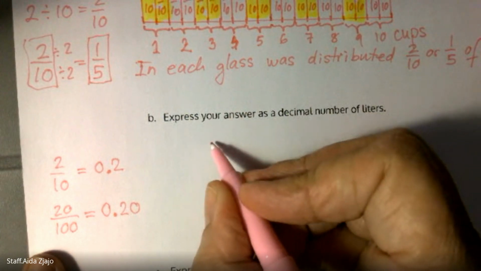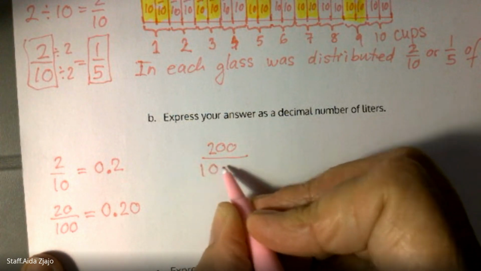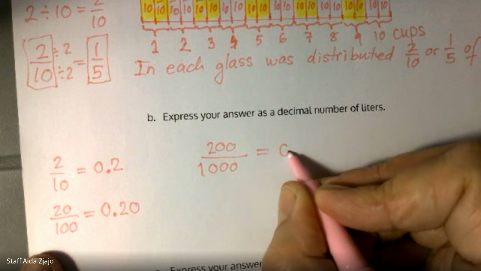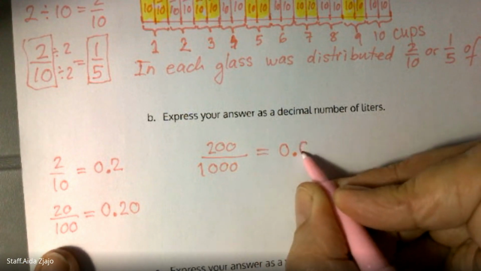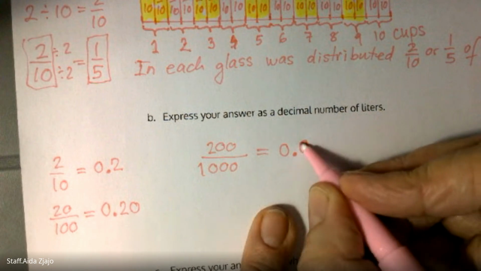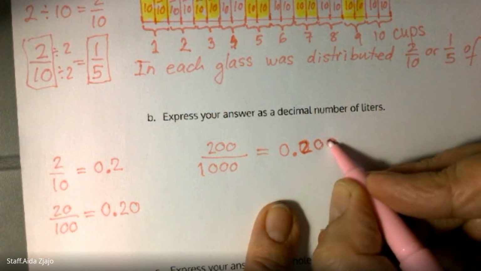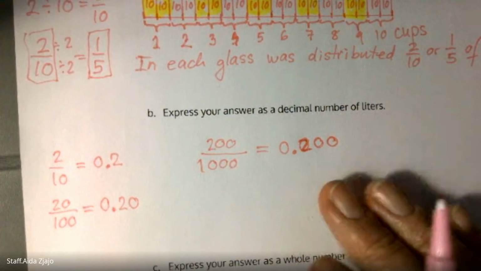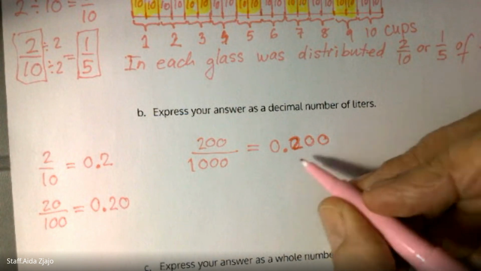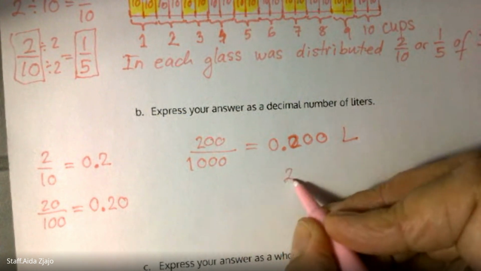So if you think about this, 200 milliliters out of 1,000. So I can also say 0 wholes, 2 tenths, and 200. This means that is 200 milliliters of the liter.